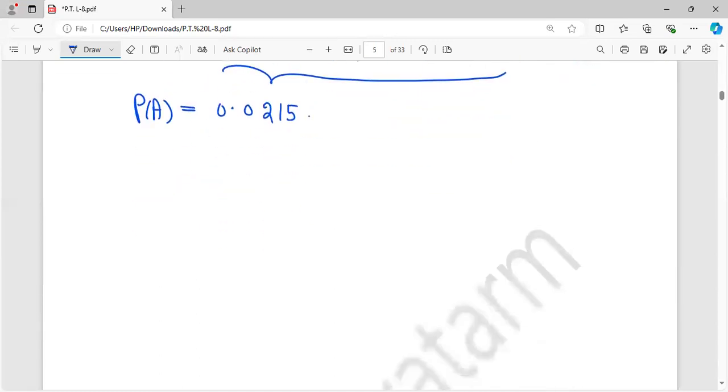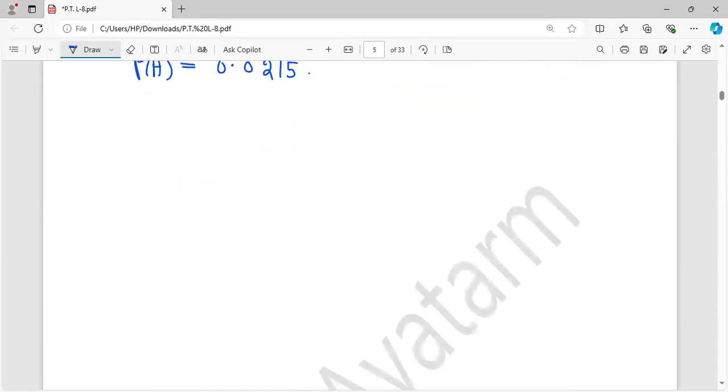Now we have to calculate this probability: that the product is found to be defective and it is made by machine B3.